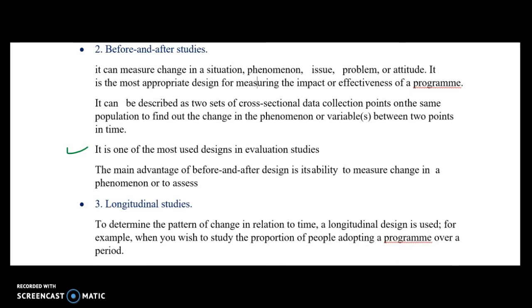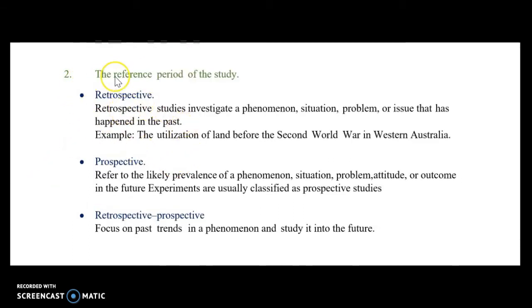Okay, the second classification of quantitative research designs is in reference to the period of the study. So we have prospective, we have retrospective, and we have both of them, retrospective and prospective.